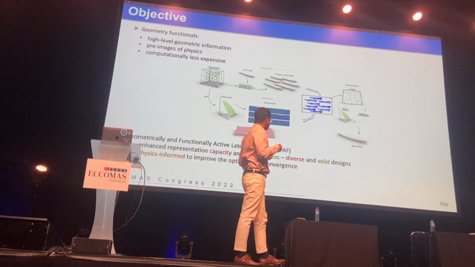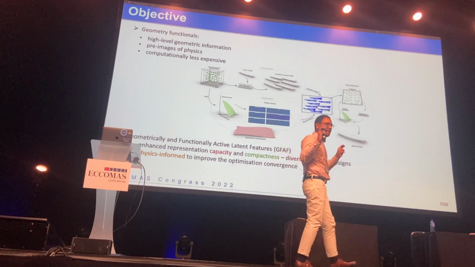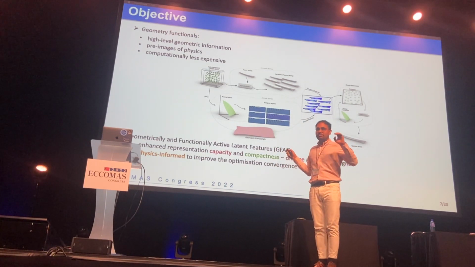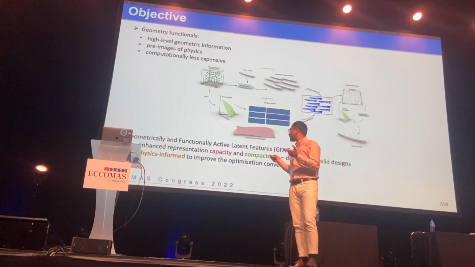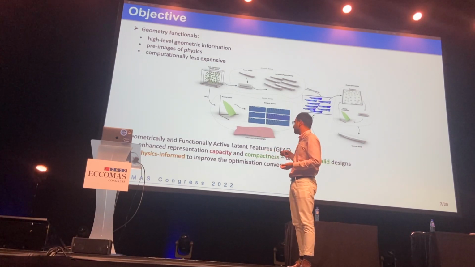When we have these features, we call them geometrically and functionally active latent variables. Geometrically, because we're using a high-level representation of the geometry, and these functionals also have some knowledge about the physics, so they are physics informed. That's why we call them functional.